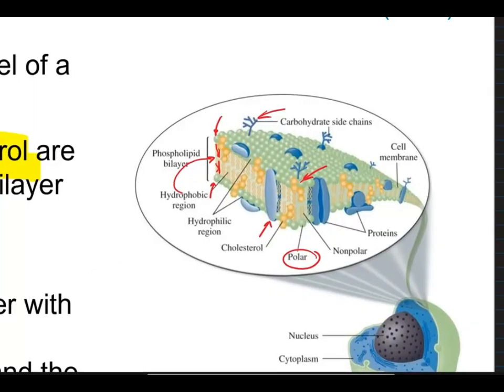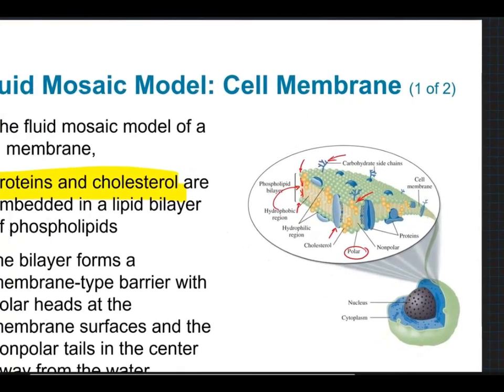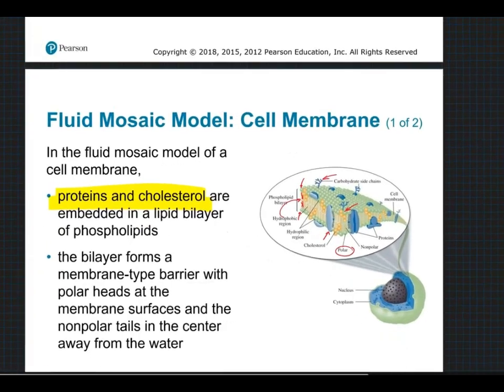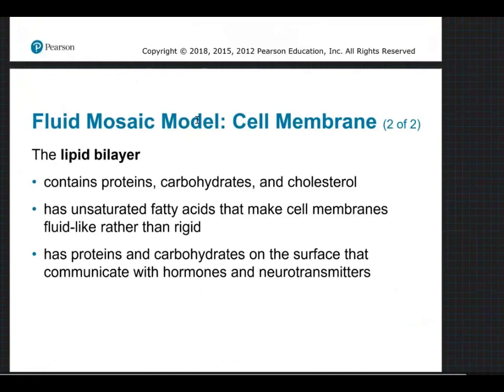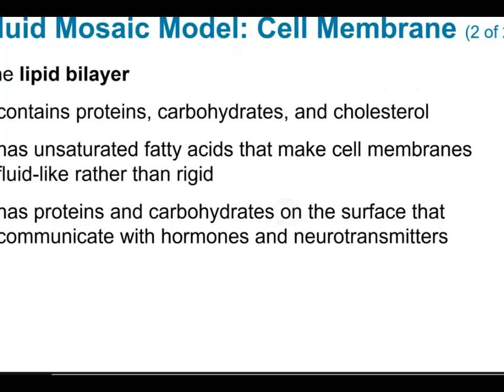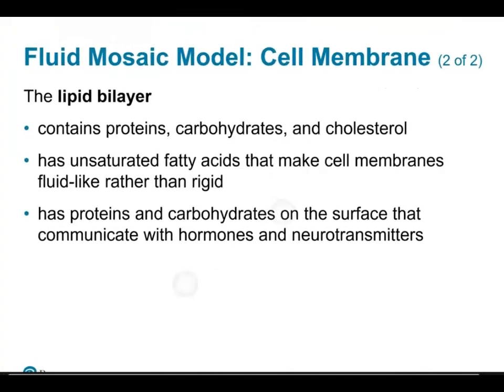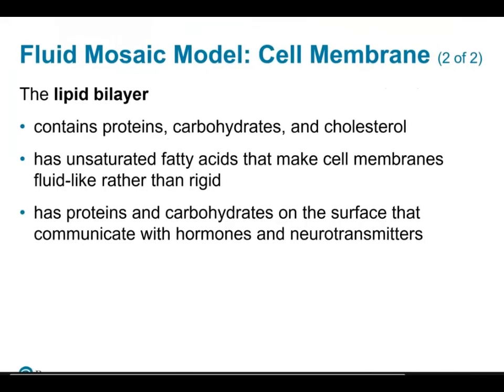So why do we call it a fluid mosaic? Because while it is a barrier, it's not a solid, a fixed barrier. It contains a fair amount of unsaturated fatty acids that makes those cell membranes fluid-like. Okay?